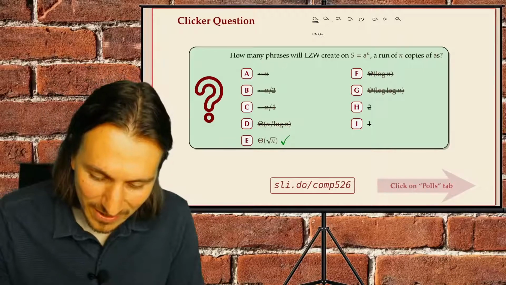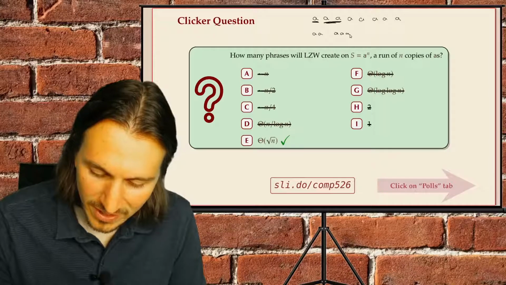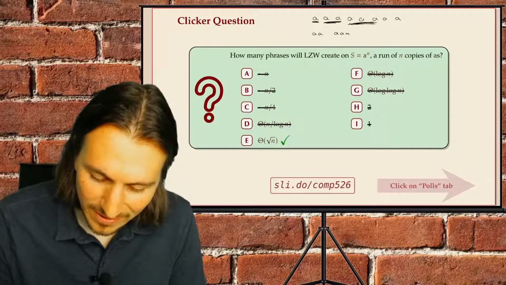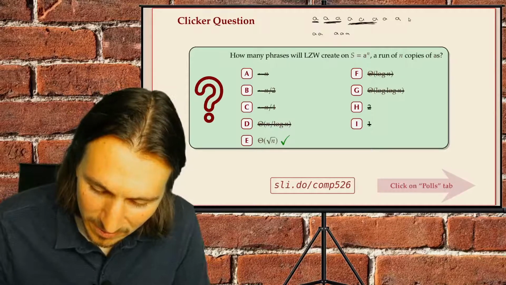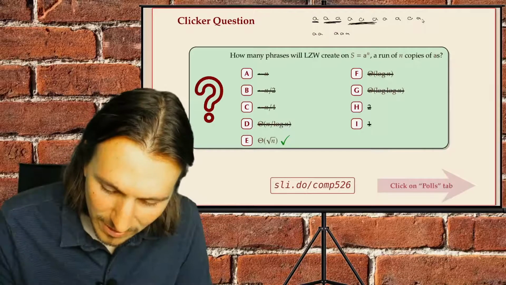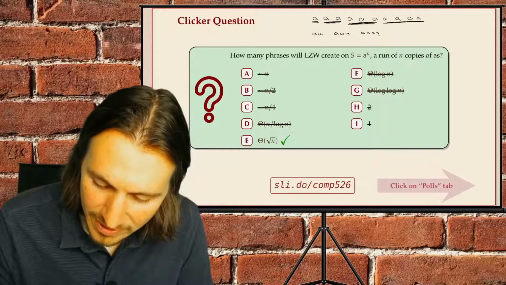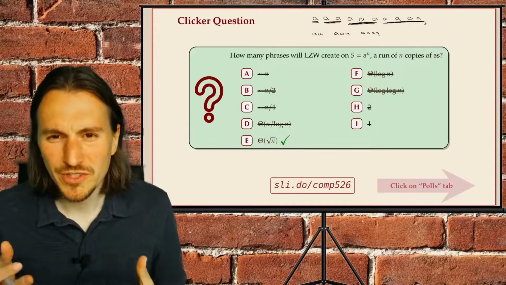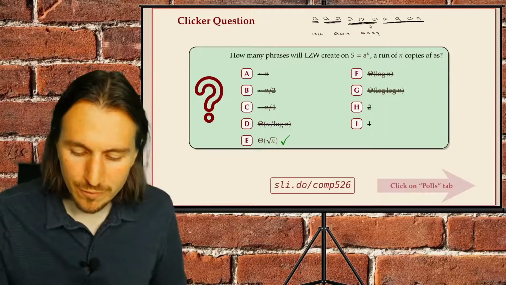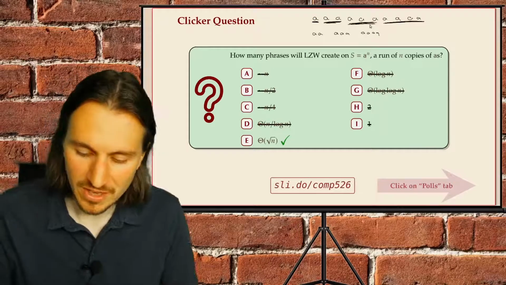The next thing we would read is AA, because that's in the dictionary, and we would insert AAA. So the next thing would be these 3 characters, and then, well, maybe I can add this. So after the 3, we would insert 4, and then we find this as the last phrase. So what you see is that with every phrase, the length of the phrase goes up by 1.